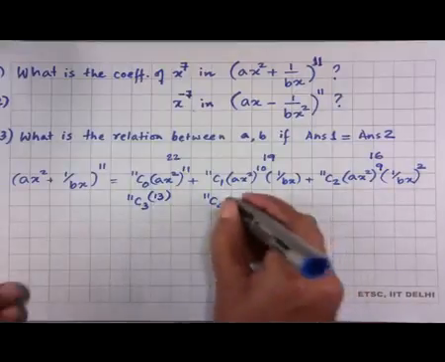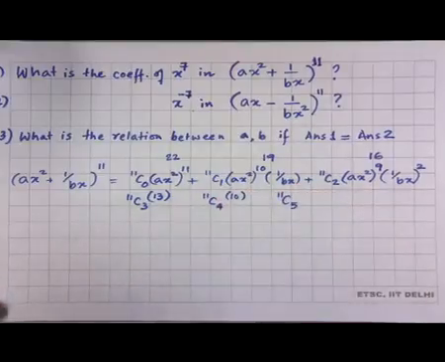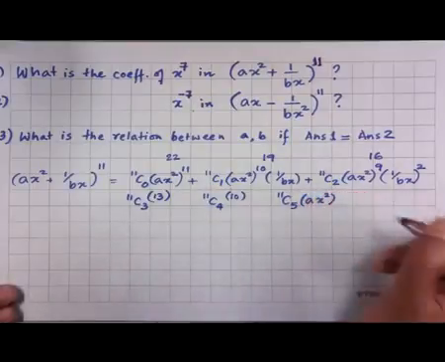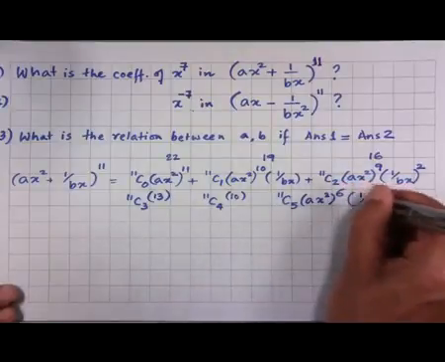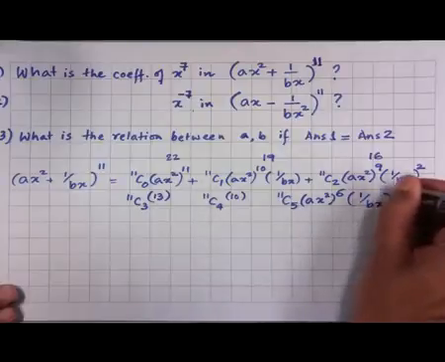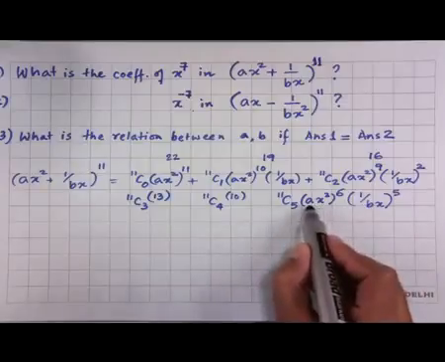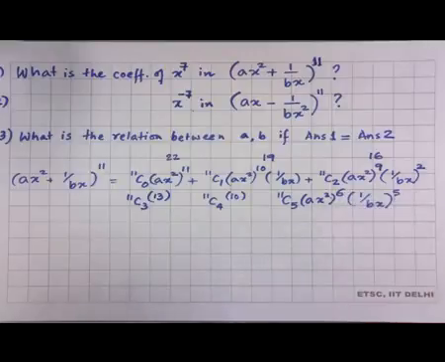X power 10. 11 C 5, I will get, what is the power of x? 12 minus 5 will give me 7, right, and then the remaining ones will keep going down further.